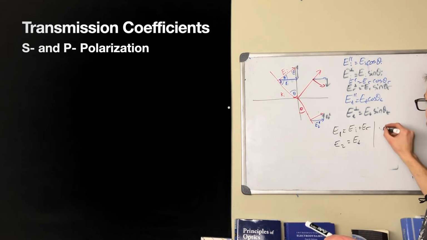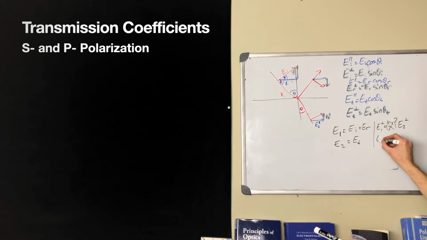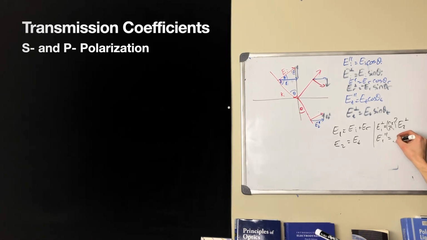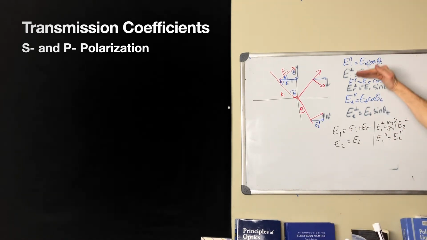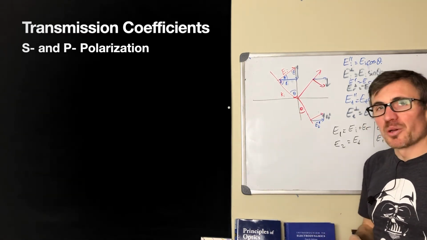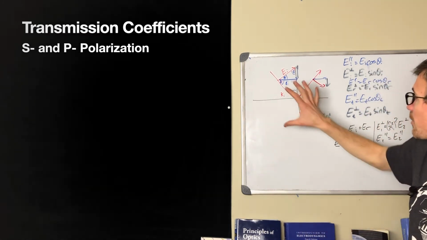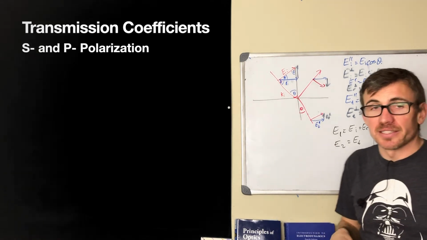And we also have that E1 perp is equal to N2 over N1 squared, E2 perp, and that E1 parallel is equal to E2 parallel. Okay, so we can throw all this together. The hardest part about this problem is really setting up the coordinate system like this. But we've set up the coordinate system, and we can just see what the equations tell us.